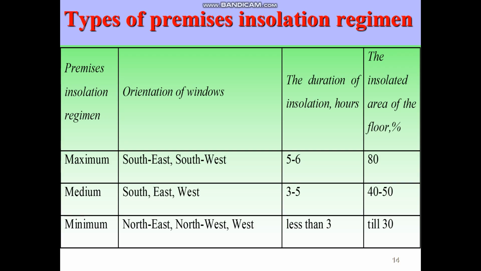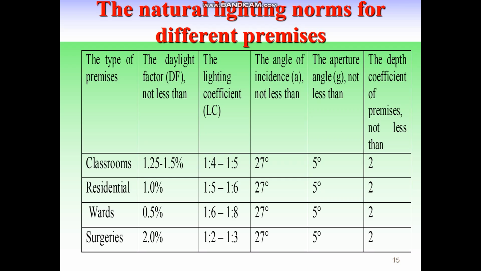For estimation of lighting conditions, the International System of lighting values and units is accepted. Lighting is the density of light flux on an illuminated surface. As the unit of lighting, the lux is accepted. It means the lighting of a surface of 1 square meter by uniformly falling light flux of 1 lumen.